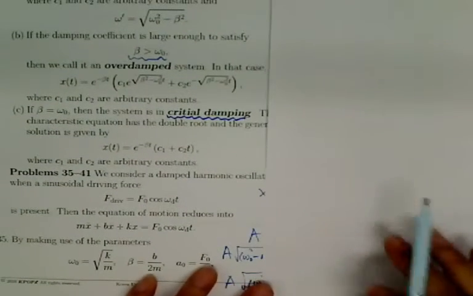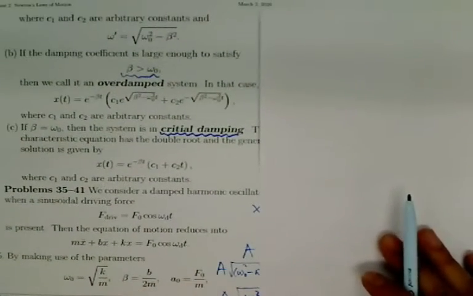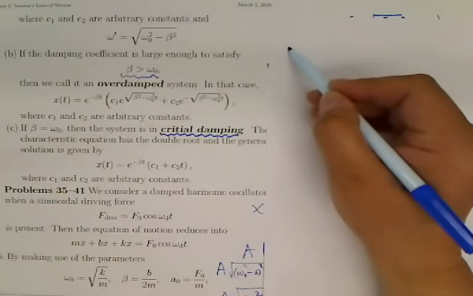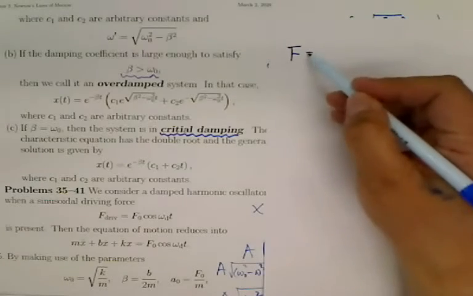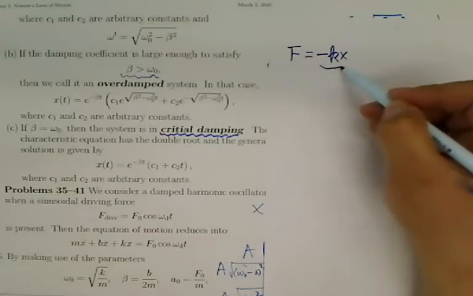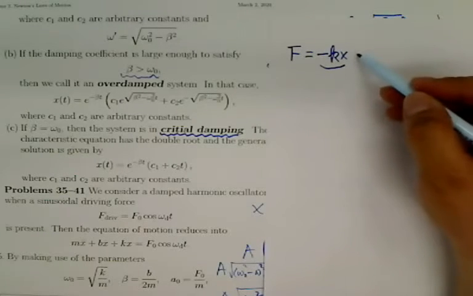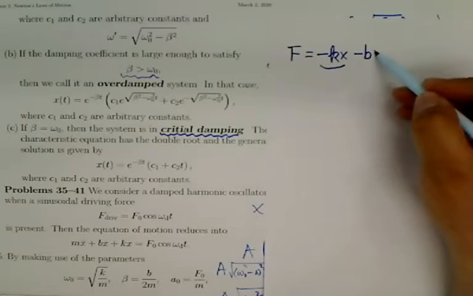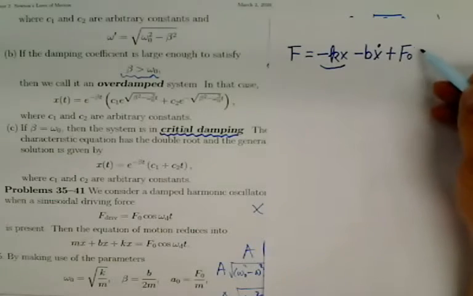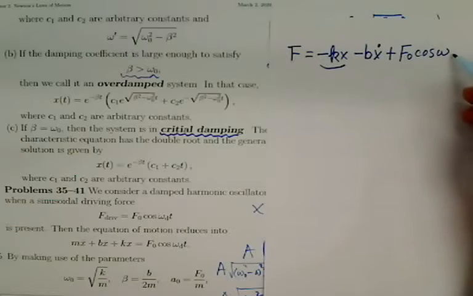The driven damped harmonic oscillator: the force equals minus kx, the harmonic oscillator spring force, the damping force minus b x dot, and the driving force. Let me write just omega.